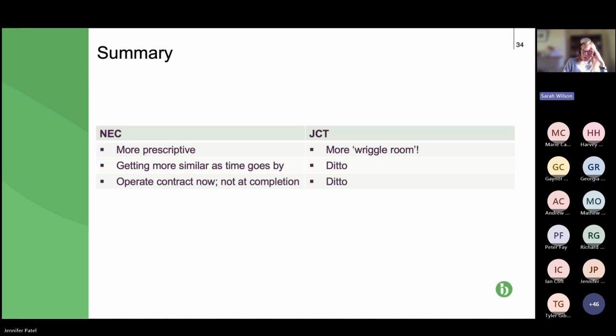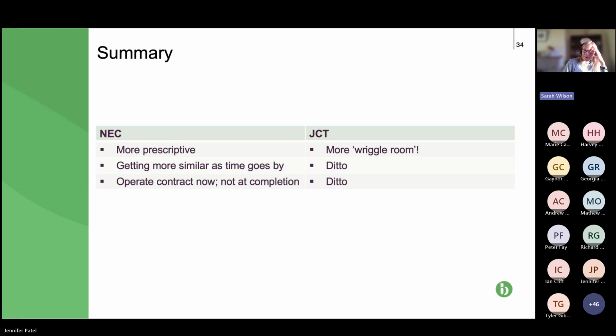NEC is more prescriptive. It's a more process-driven contract, and particularly as regards payment for extras. There's a little bit more wriggle room with JCT than there is with NEC, albeit that our schedule of cost components should cover what we need.